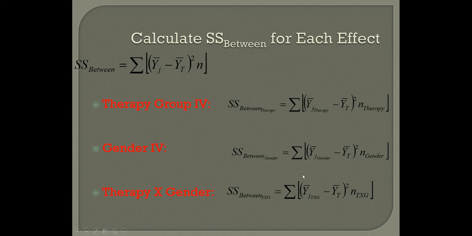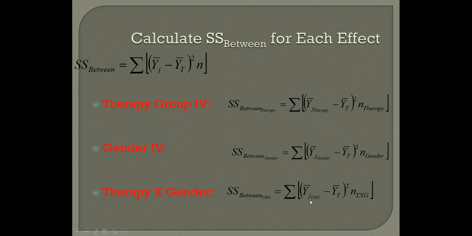But let's say we had a data set and sat a long time and looked at the difference of the group means from the grand mean squared, multiplied it by the sample size for each group, and then added it up for each group separately, and did the same thing for the other.